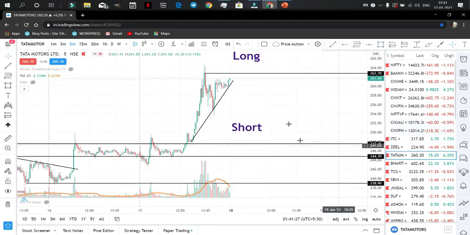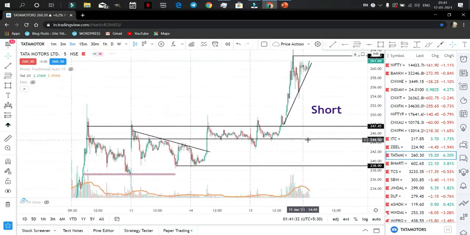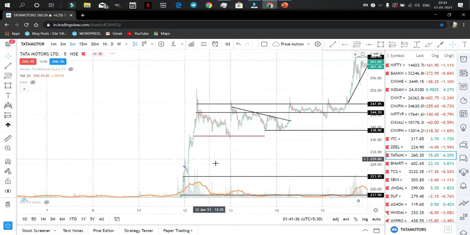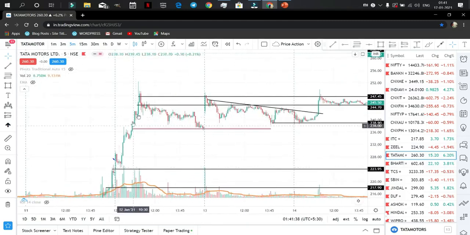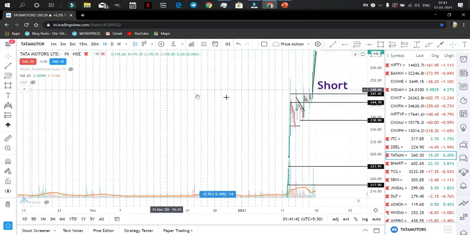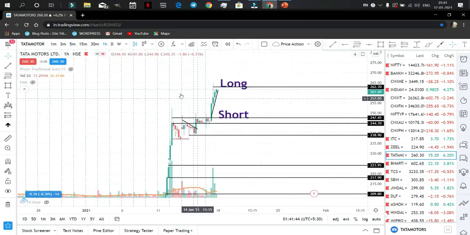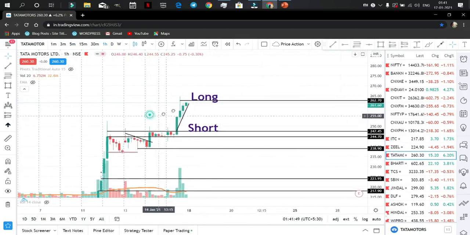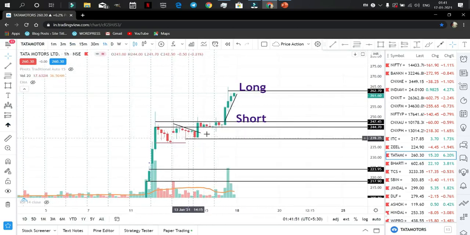Now, even though Nifty fell more than 1%, Tata Motors has risen 6% just on Friday, and the stock has seen a really good momentum of more than 10% rally over the last few days. And on the 1 hour time frame, you can see that there was a bit of consolidation and a breakout around this region.